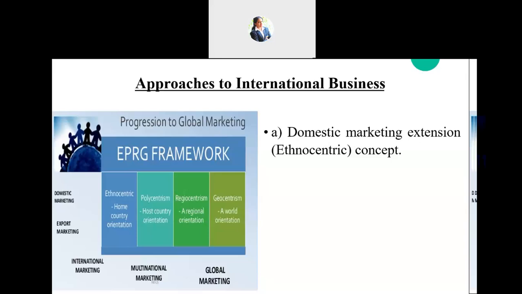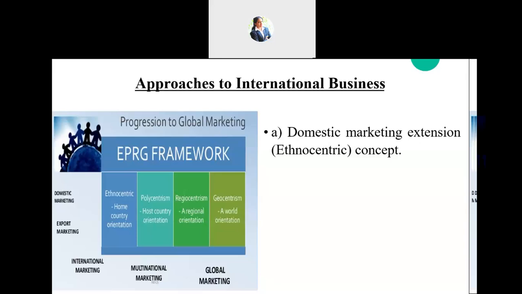Also, because they adapt very little, they do little research and study of the international market. They simply go international. Only if there are difficulties that force them to adapt would they change. Otherwise, they would go with the same product that is available in their home country.